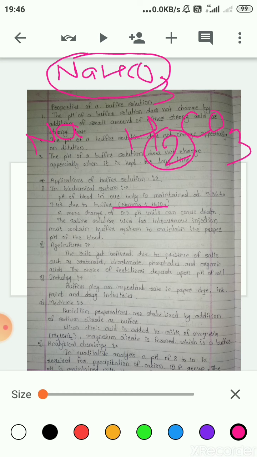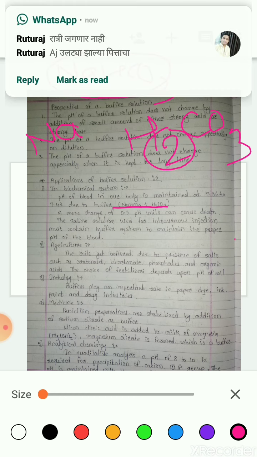One more example is that the saline solution used for intravenous injection must contain a buffer system to maintain the proper pH of the blood. That means saline solutions also contain buffer solutions to maintain the pH of blood.